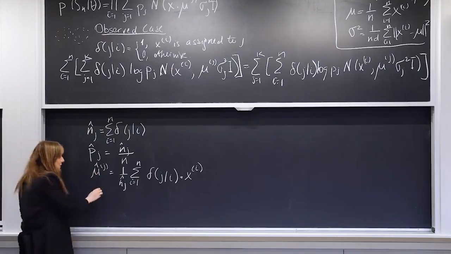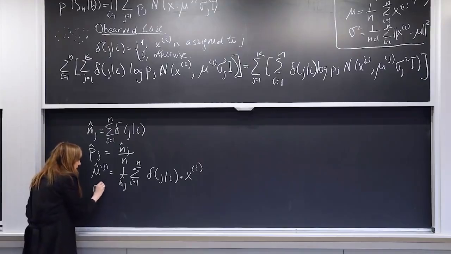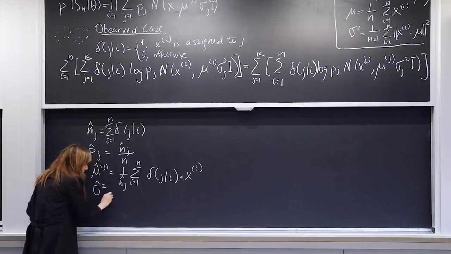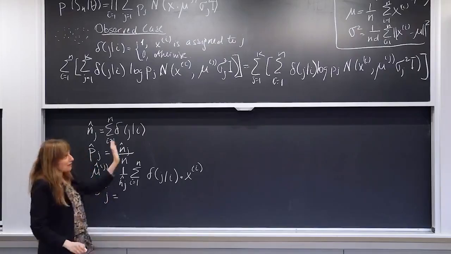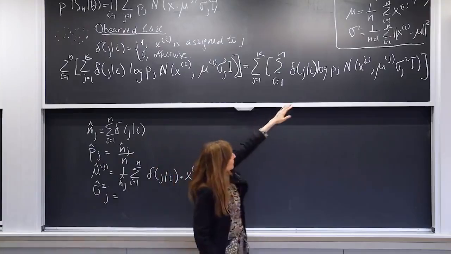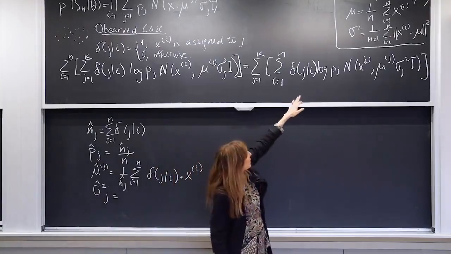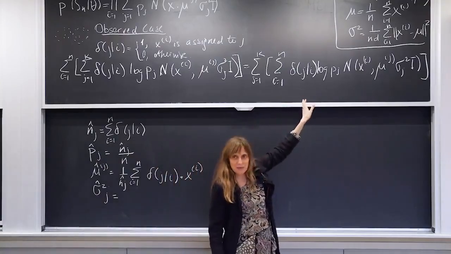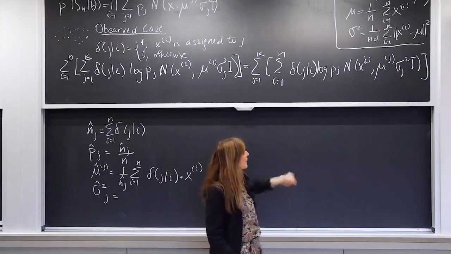And the next thing that we need to do is to compute the variance. Again, we can take the derivatives, but what you will get is an equivalent of the formula that was developed for the case of a single Gaussian.